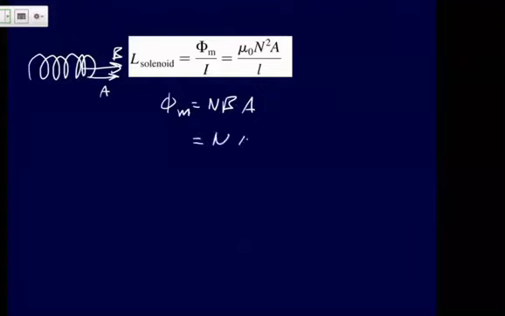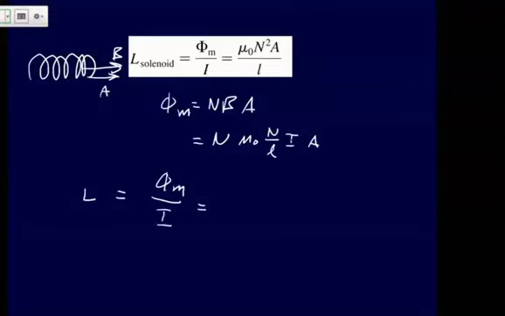And so the magnetic field for our solenoid is mu naught N, and here we're going to use lowercase l for the length, because we have this big L, times current divided by length. So when we define this inductance, it looks like this here.